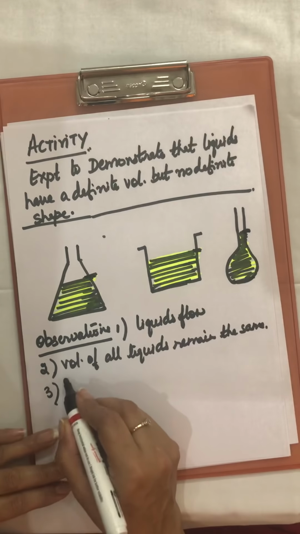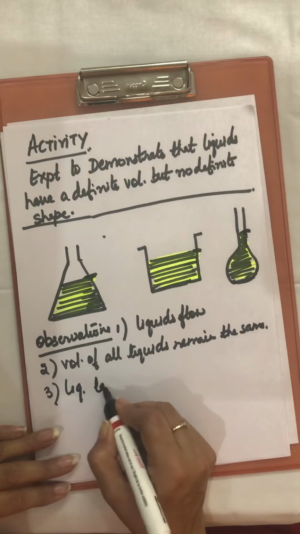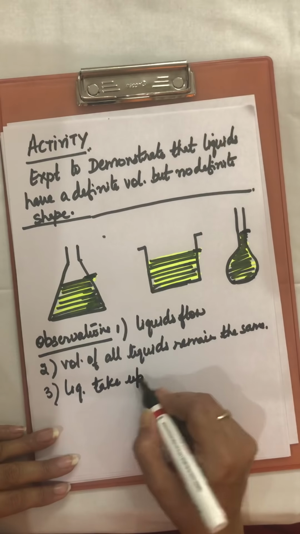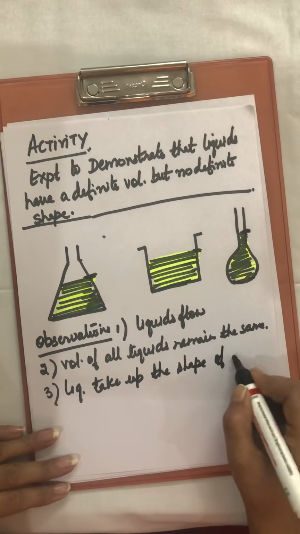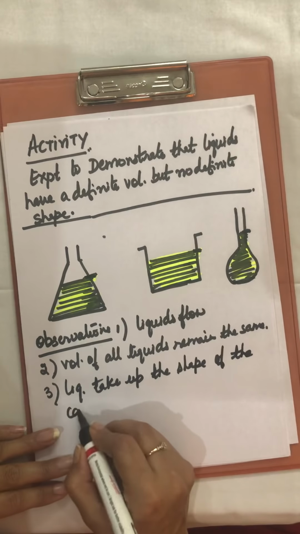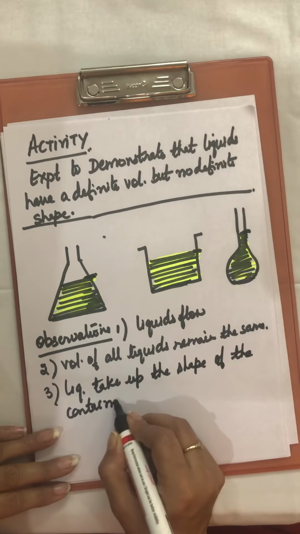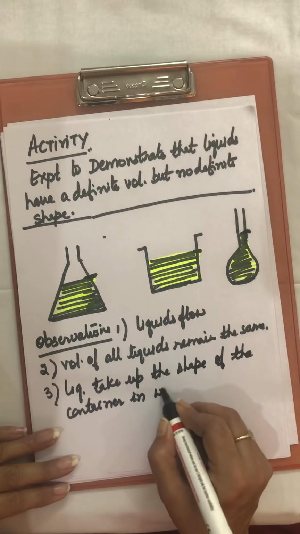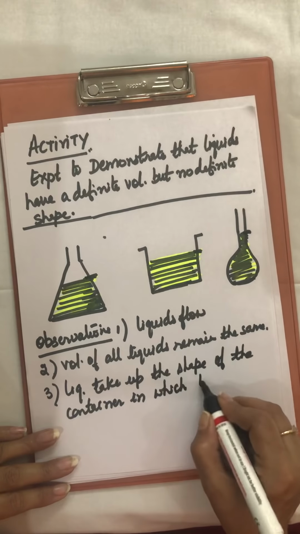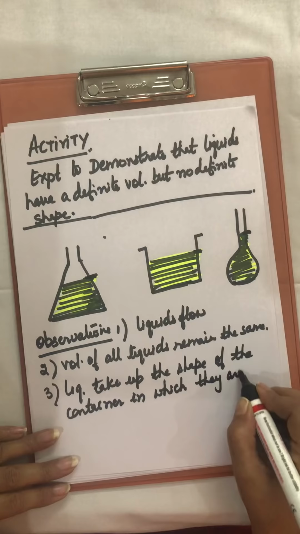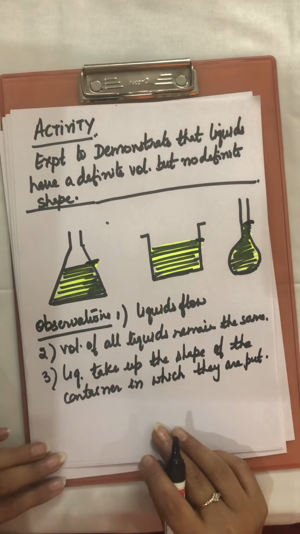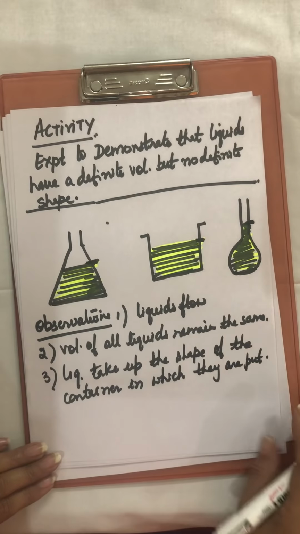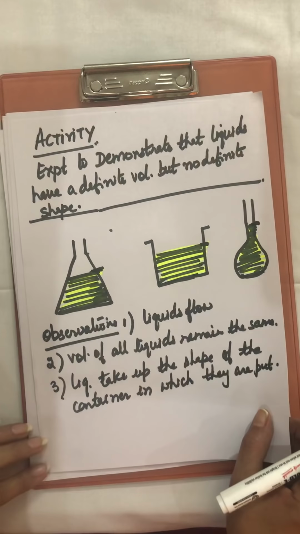So all liquids take up the shape of the container in which they are put. That means the shape of the liquid is not definite. This is the first property of liquids.